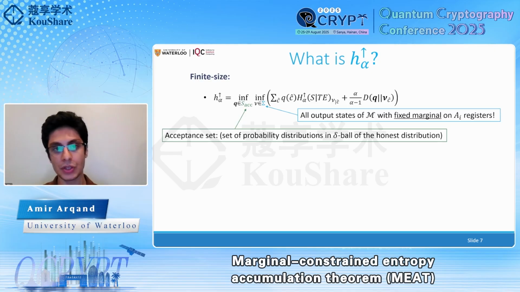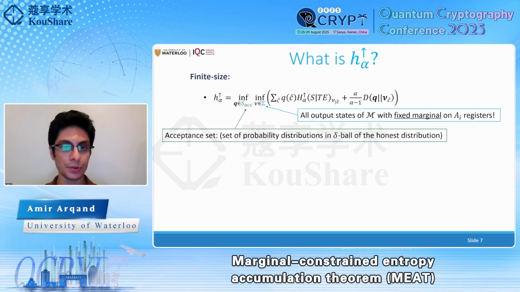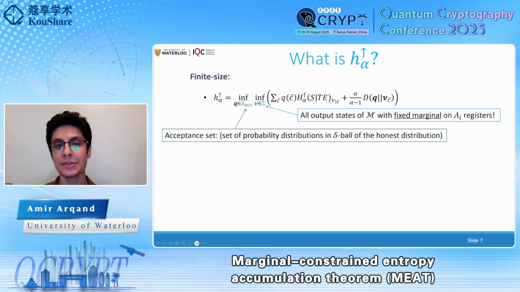All you need is some solver to be able to evaluate this conditional entropy. But if you're willing to accept some looseness, you can use continuity arguments to convert this conditional entropy to a von Neumann entropy by paying some continuity price, and then use the existing solvers to evaluate the conditional entropy.